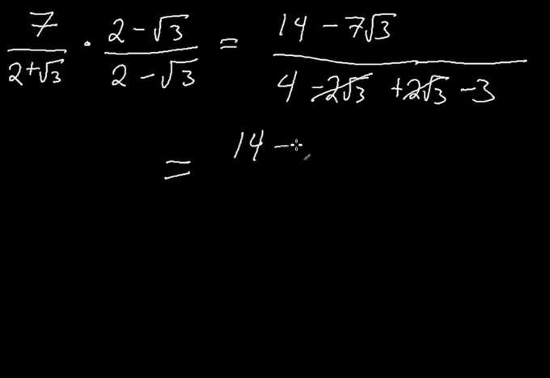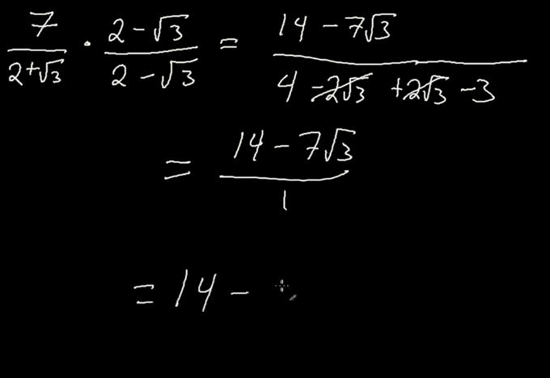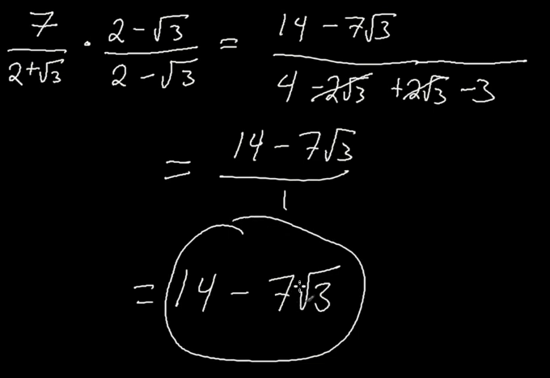I'm left with 14 minus 7 root 3 over 4 minus 3, but 4 minus 3 is just 1. Okay, so that means I have the final answer, 14 minus 7 root 3. Awesome. That's it. It's that easy, or it's that hard, depending on your standing on it.